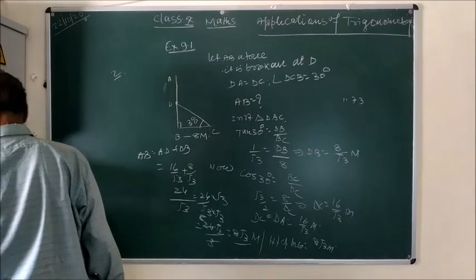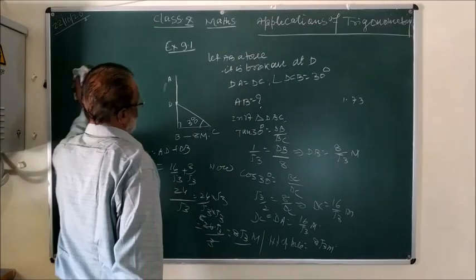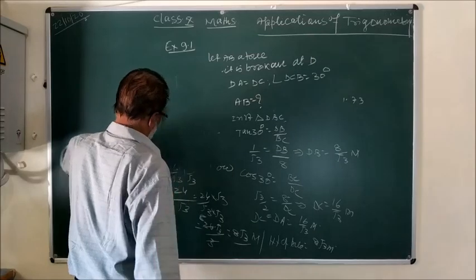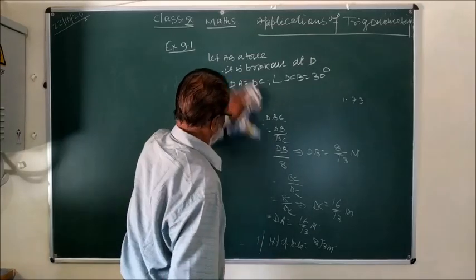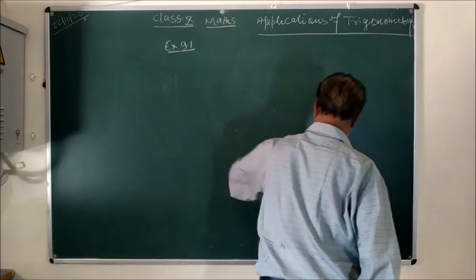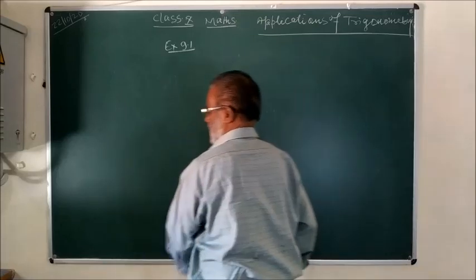I will explain a few more questions and then you will try to complete the exercise. Tomorrow you can ask any question, but I will try a few more questions today. I concentrate only on drawing the figure.